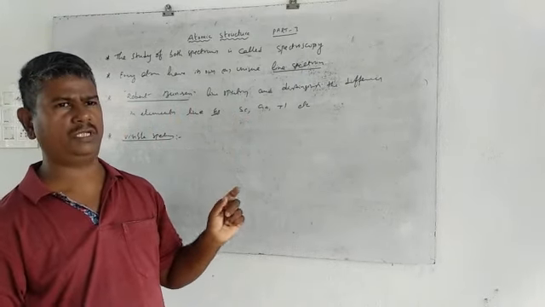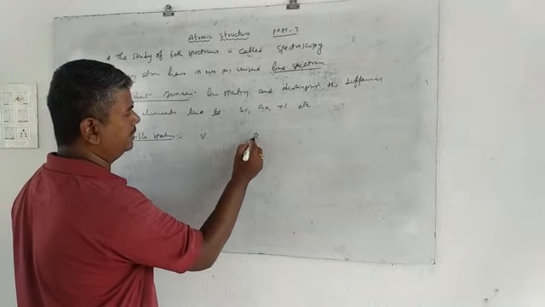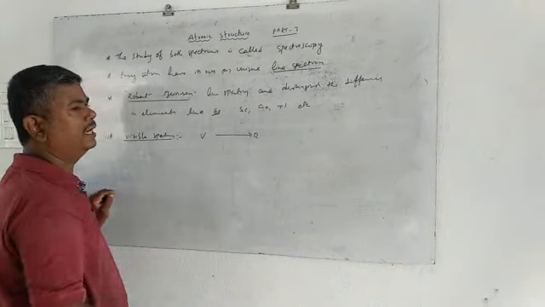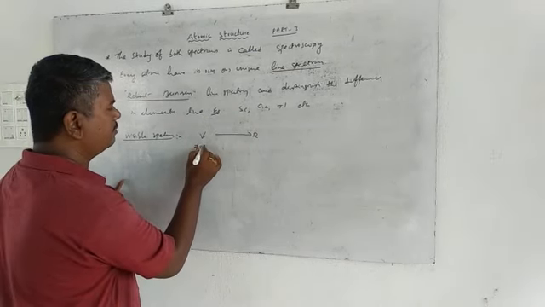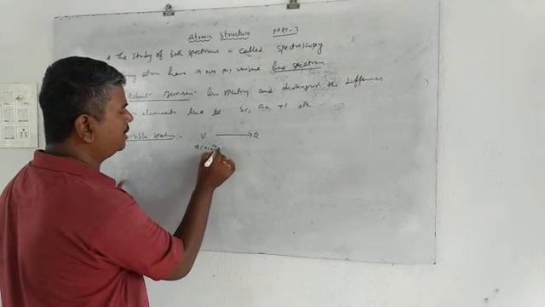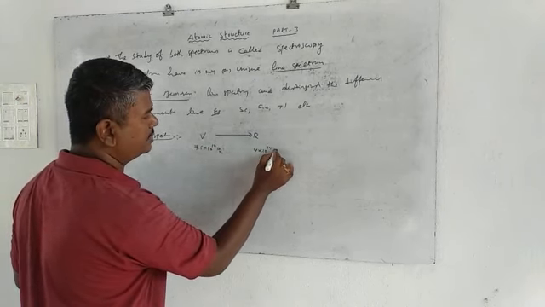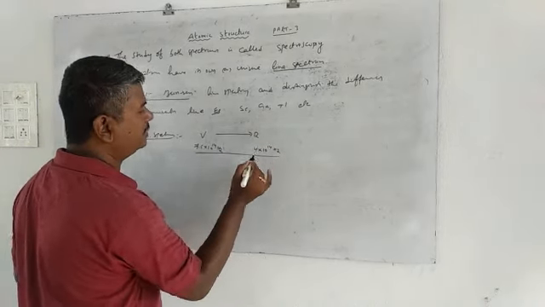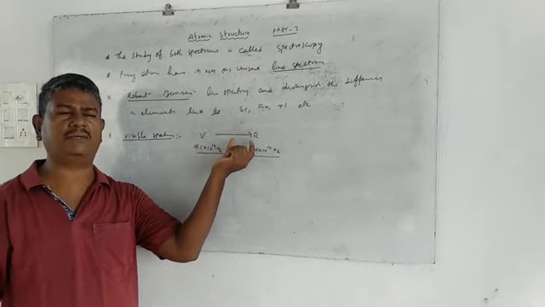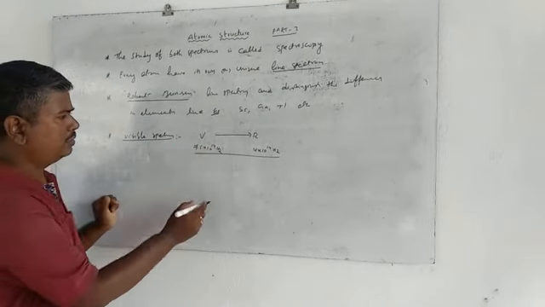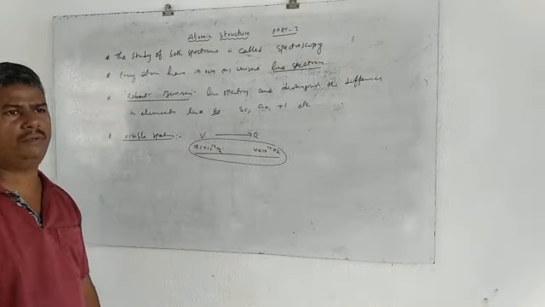The visible region means from violet to red, that is 7.5 × 10^14 Hz to 4 × 10^14 Hz. That is the wavelength range of the visible region. It is a small portion of the electromagnetic radiation. In this region all the colors will be visible.